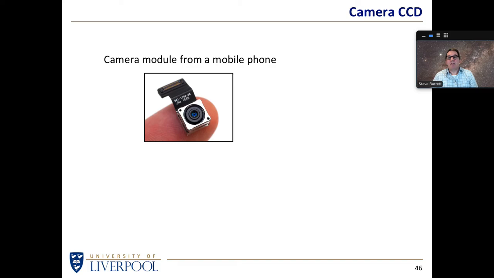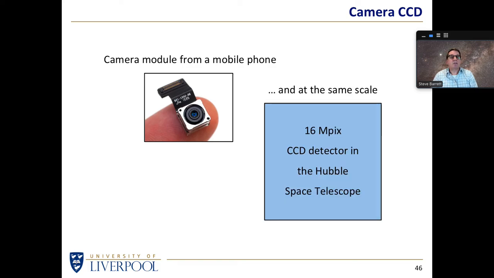And if I make to scale from that, this is the size of the chip in the Hubble Space Telescope. So here it is for real, 4 centimeters by 4 centimeters, 40 by 40 millimeters. The Hubble chip in camera number 3 is a 16 megapixel chip.